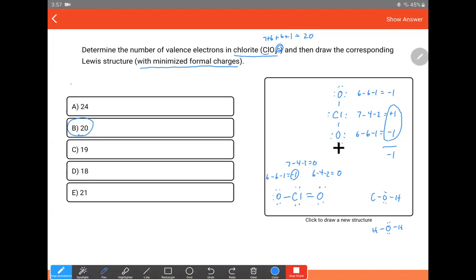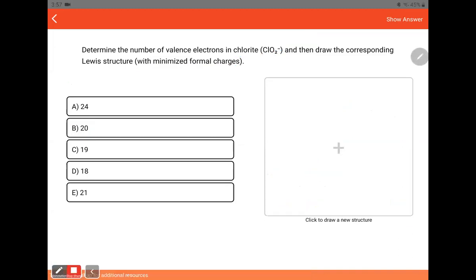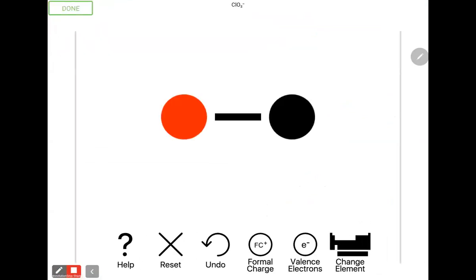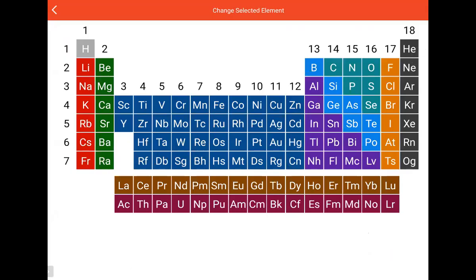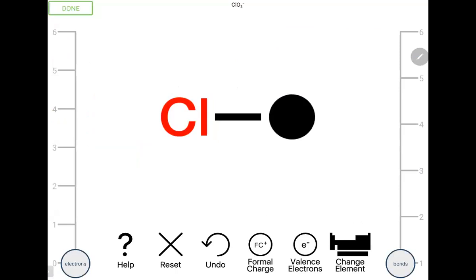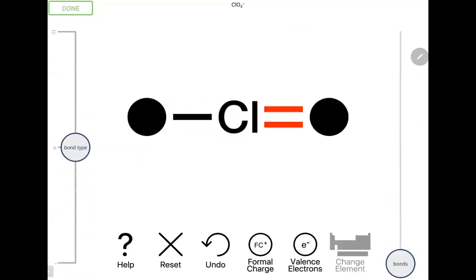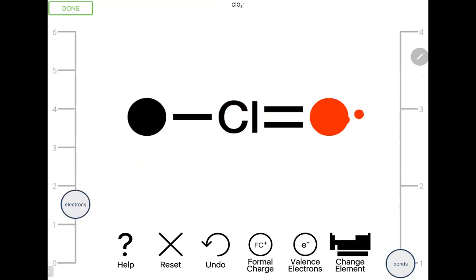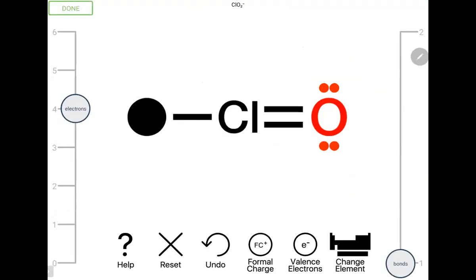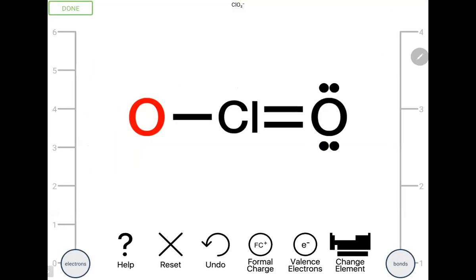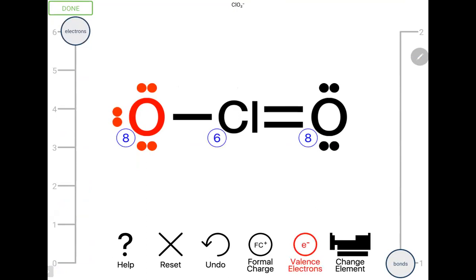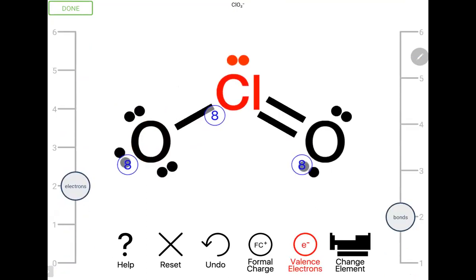So let's give it a shot. Do some check. This one needs 2.